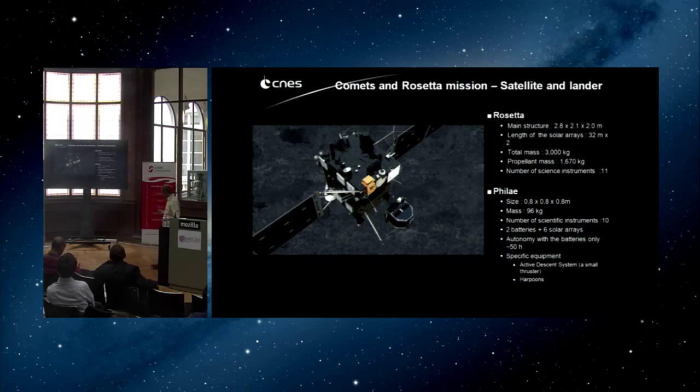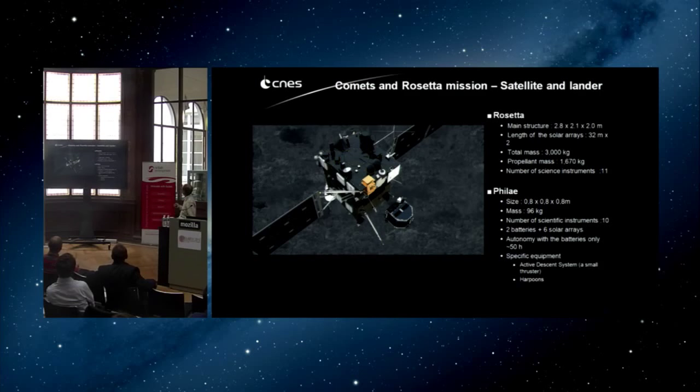So, some general quick information about the Rosetta spacecraft. Here on the picture you can see the Rosetta spacecraft, which is basically a cube of 2 meters by 2 meters. And here you can see the Philae lander. What is specific about the Rosetta spacecraft?